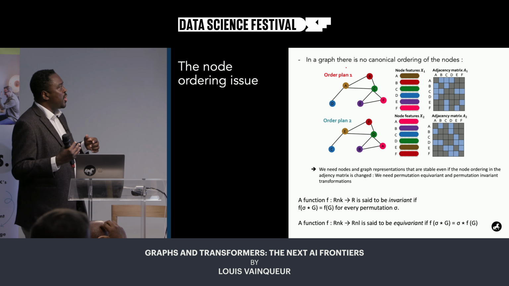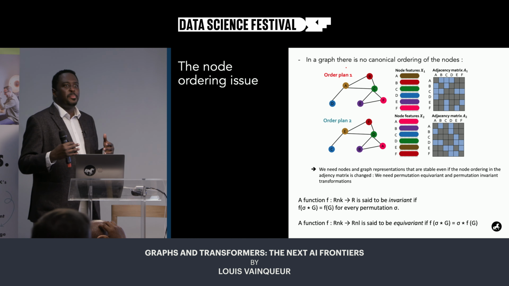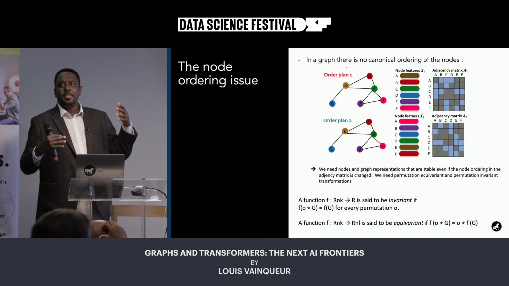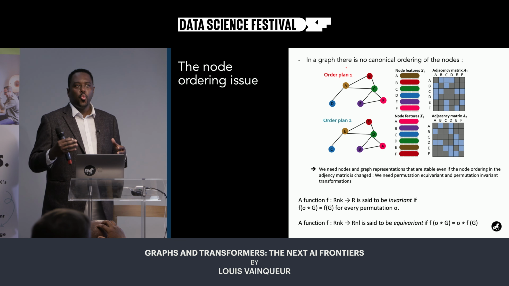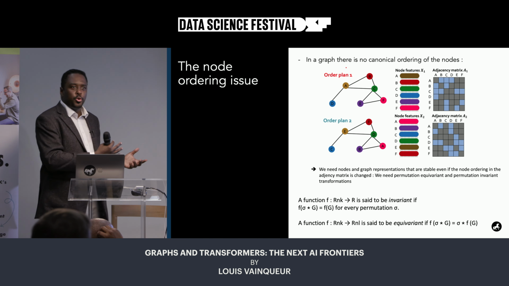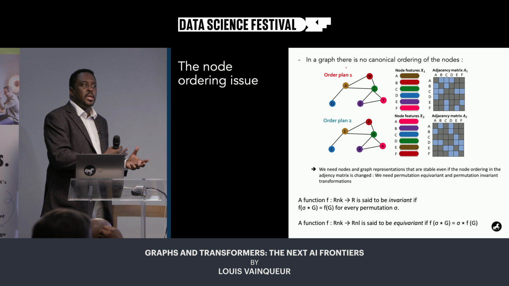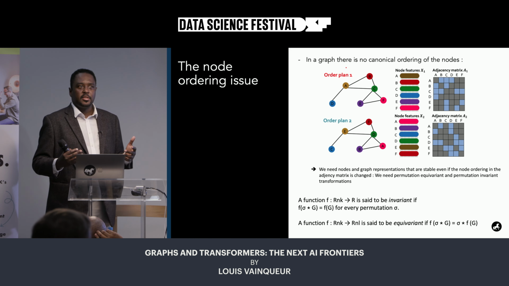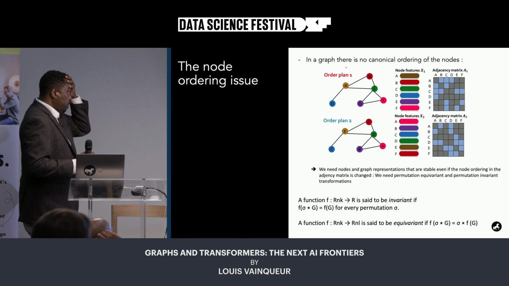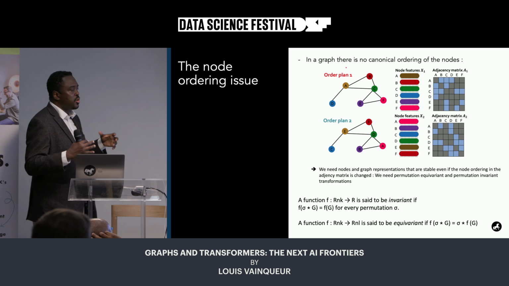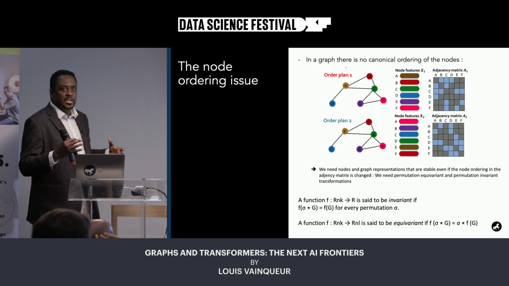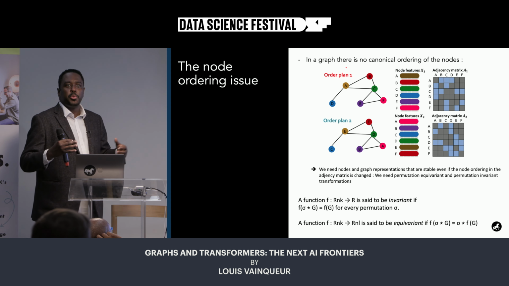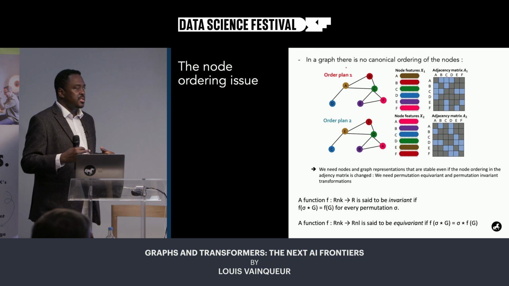And so when you're dealing with graph, you want to apply mathematical transformation that wouldn't change the output of your program if you were just to change the order of the node. Does that make sense?